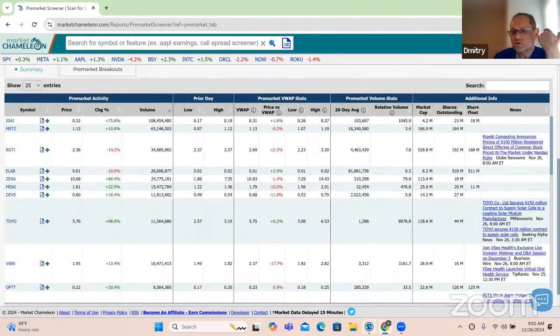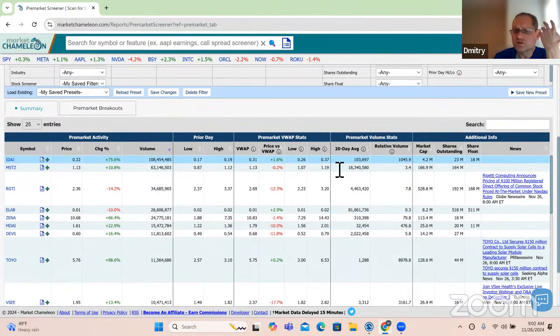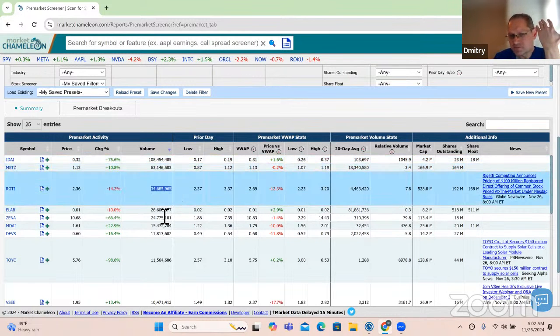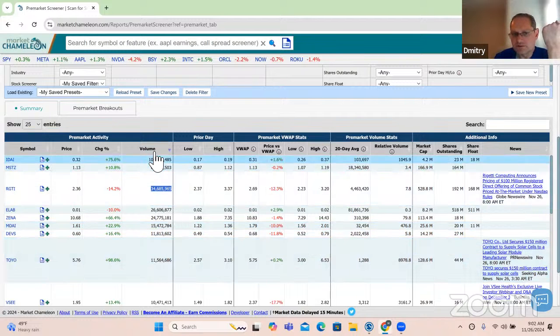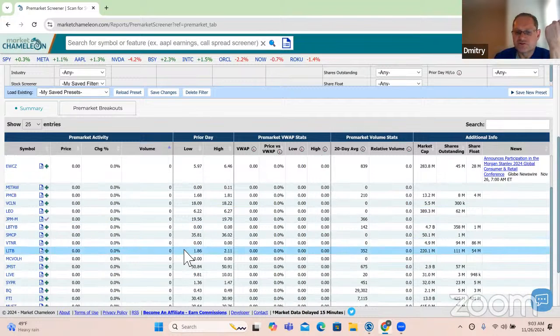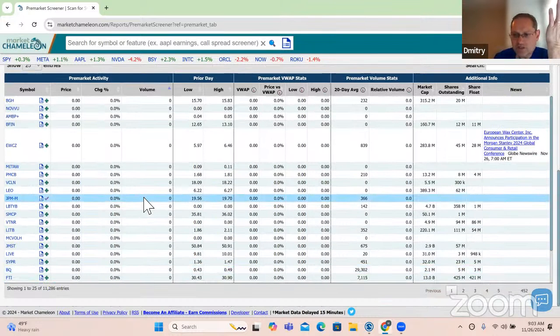So when we look at the pre-market activity, we also may want to filter out based on just the volume that's trading, because if it's very low volume, it really doesn't matter.